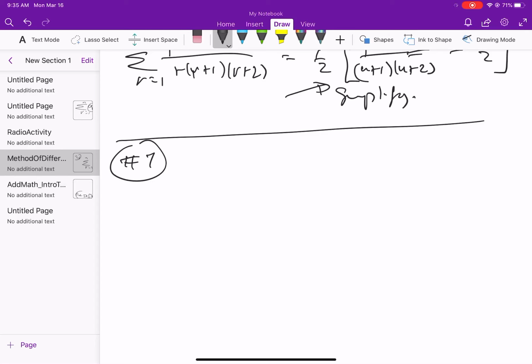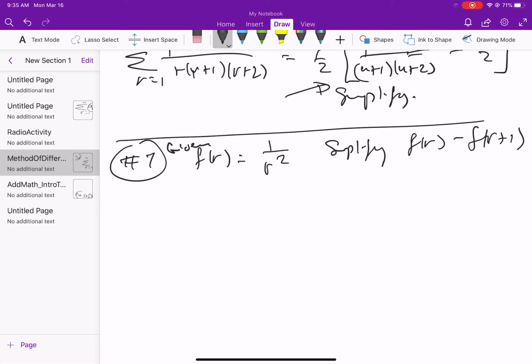They said to us that f of r is equal to 1 upon r squared. You were given that, and you're asked to simplify, given this, f of r minus f of r plus 1.